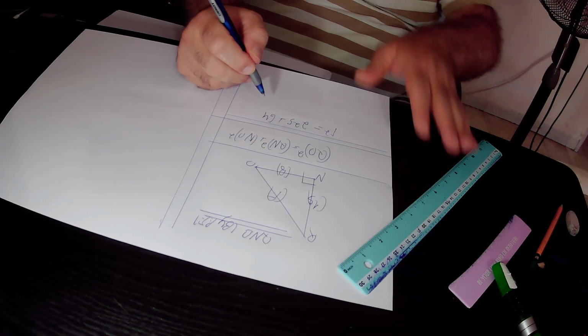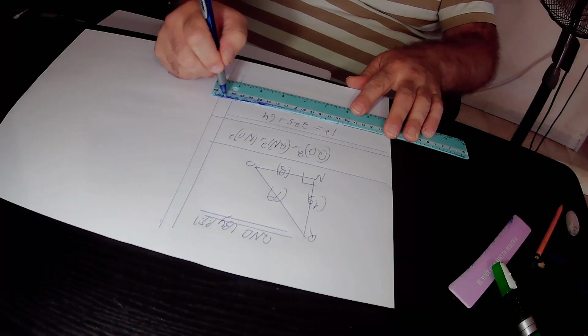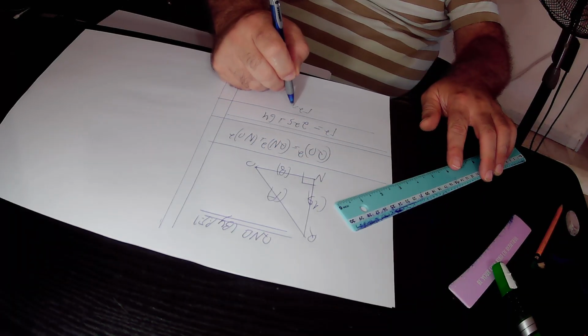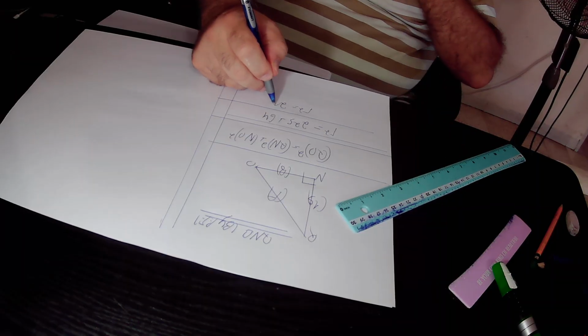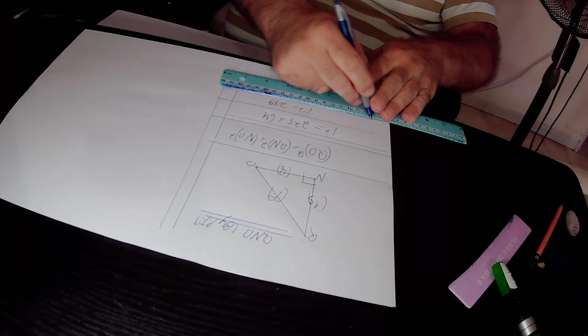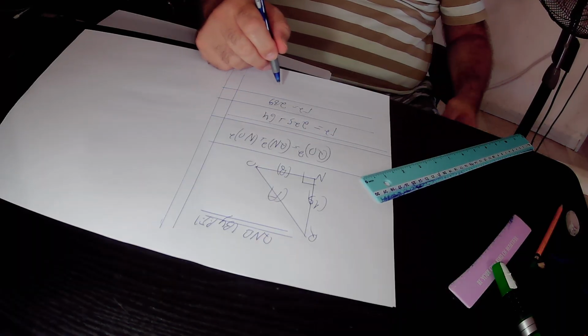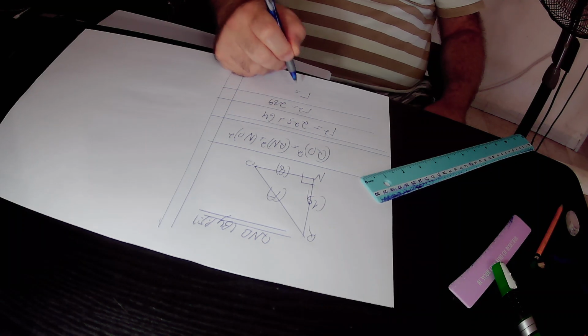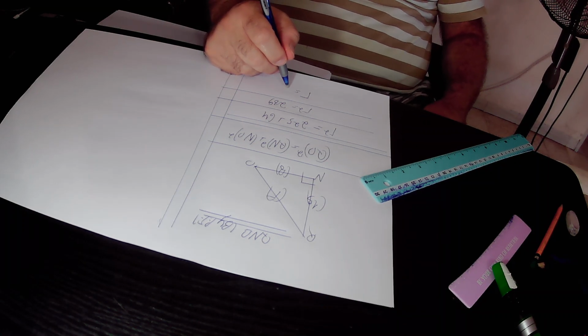So in total, we found out that R squared equals 225 plus 64. 225 plus 64 is 289. So R squared equals 289. Here we'll take the root of this equation, and finally we get that R, the radius of the circle, equals the square root of 289, that is 17.